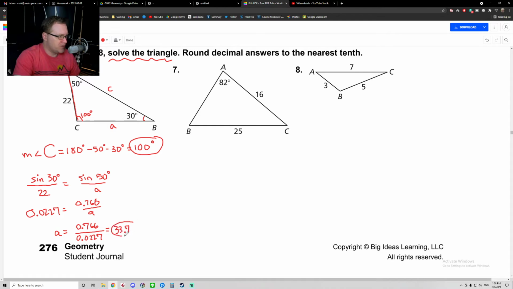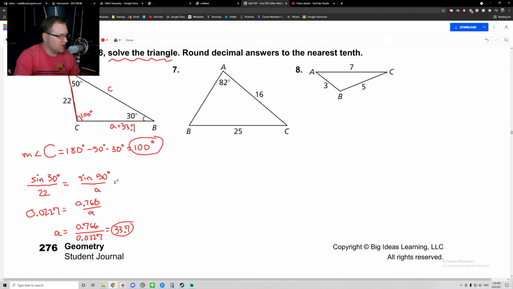So now we know that A down here equals 33.7. Now let's look at C. How do we do C? Again, we know that the angle opposite is 100, so we can use this again.